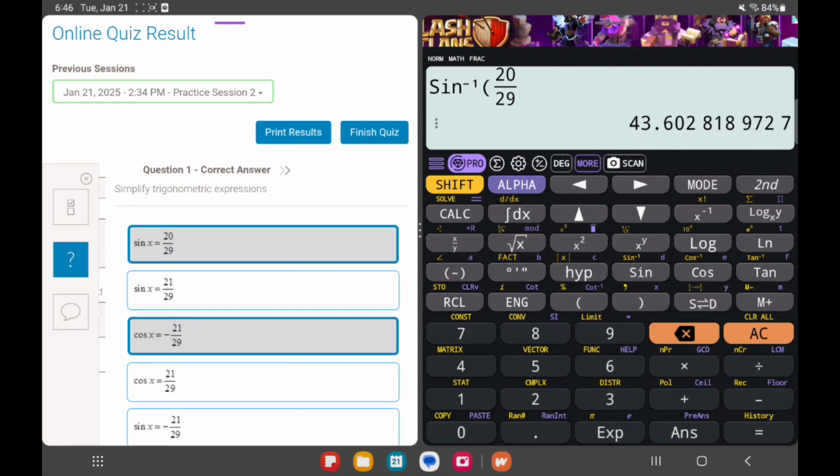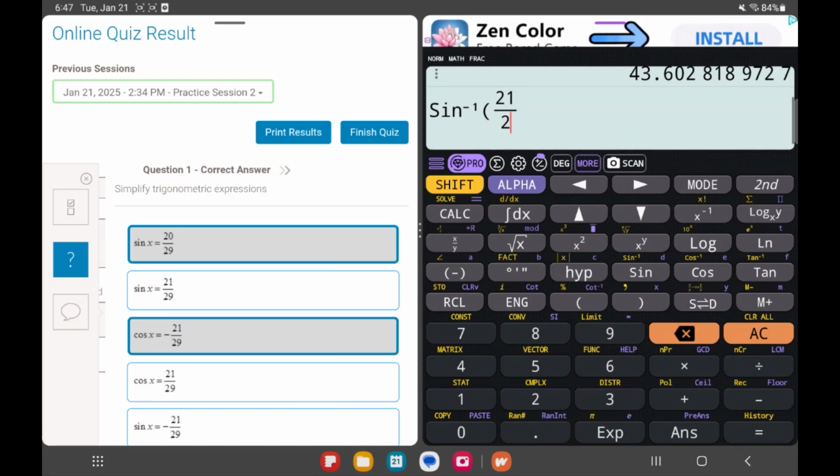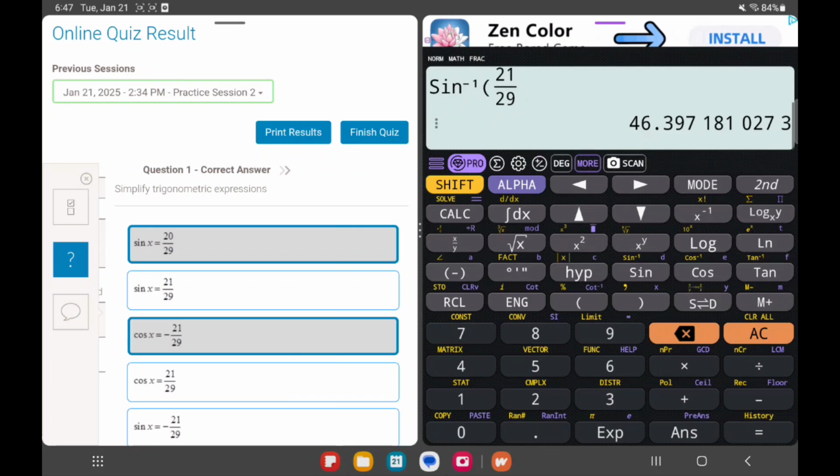Now let's do shift sine 21 over 29. We get 46.3, and our answer was 43.6, so that's not one of the answers. Now I'll skip cosine negative 21 over 29 because that's where it gets tricky.